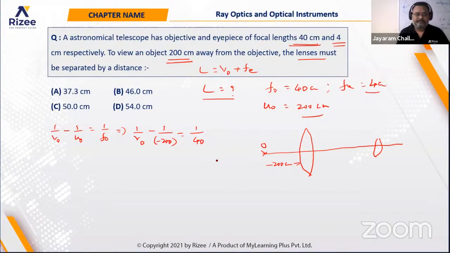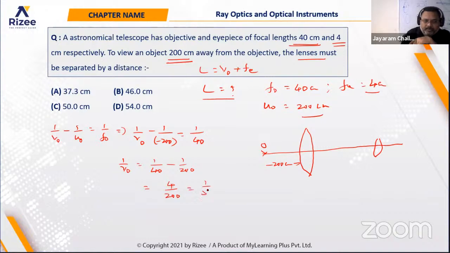Because your final image is going to fall at infinity, when you solve this, you will get 1/v0 is equal to 1/40 minus 1/200. So this is 5 minus 1, which is 4 by 200, or 1 by 50, or v0 is equal to 50 centimeters.